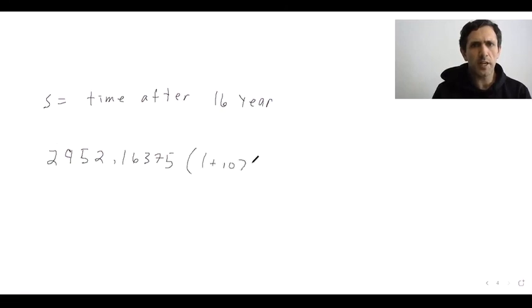earning 7% simple interest. So this is a formula. It's 2952.16 times (1 plus 0.07 times the amount of time this money sits in the account, this fraction of a year). And it sits in the account until we get $3,000. So you solve for S, and very straightforwardly, S is roughly 1/4.